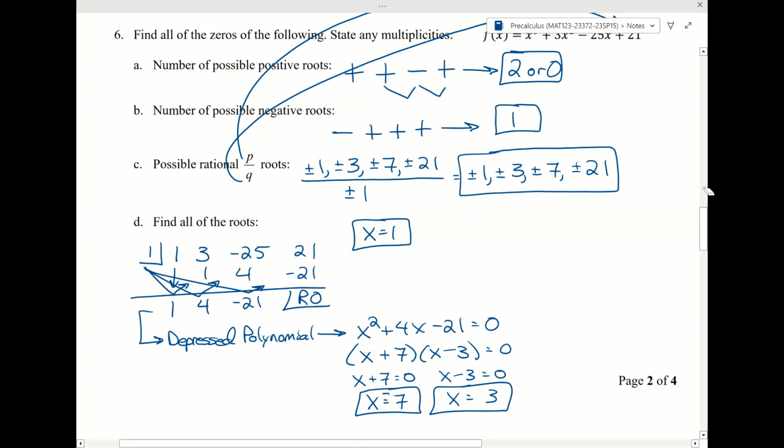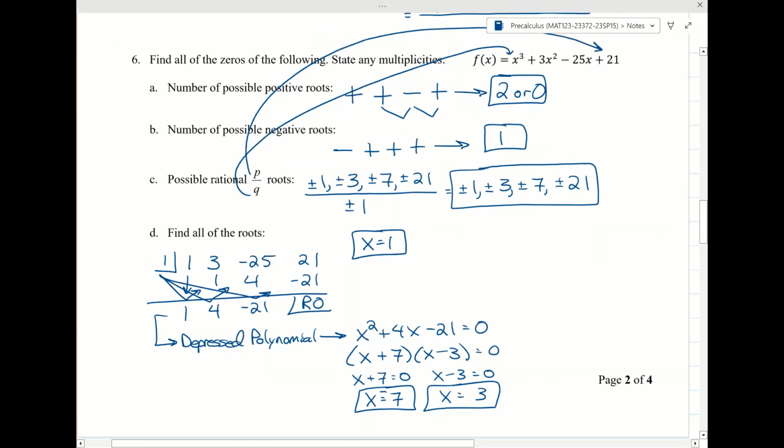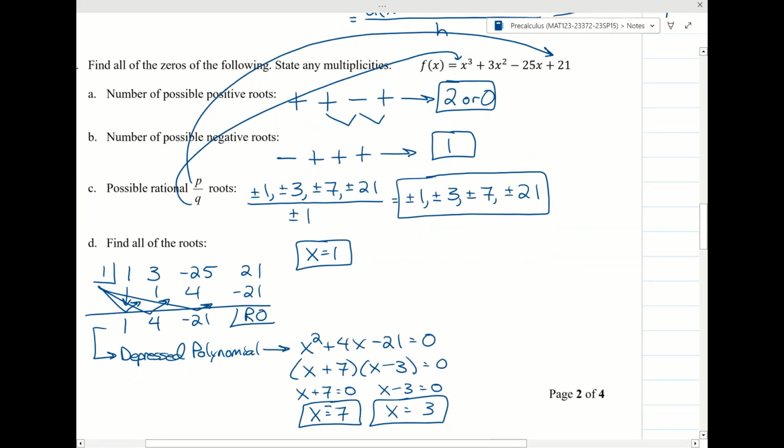How do we get the negative roots? Yeah, of course. This comes from section 3.3. It's called the rational root theorem.